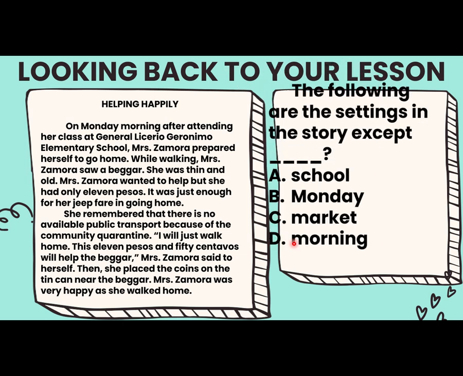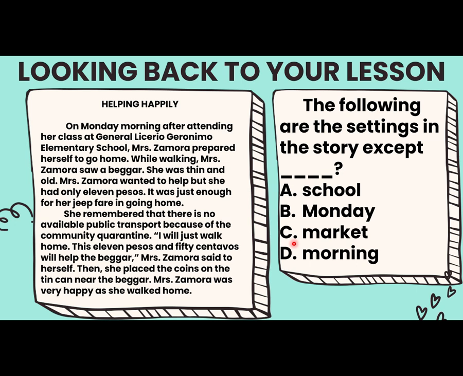Next question. The following are the settings in the story except blank. A. School, B. Monday, C. Market, D. Morning. The correct answer is C. Market.